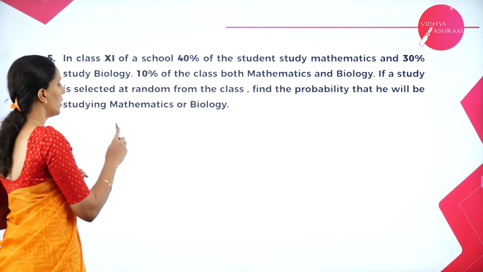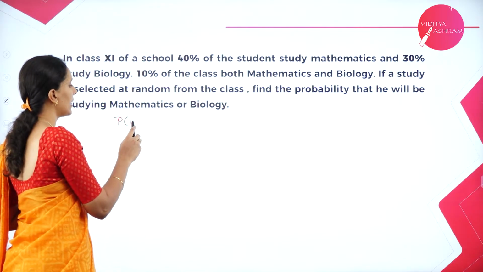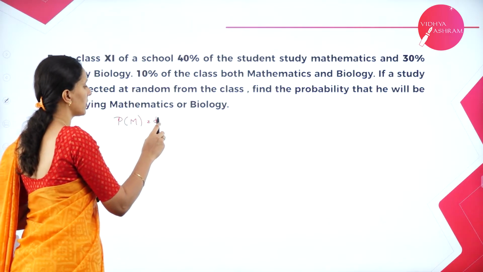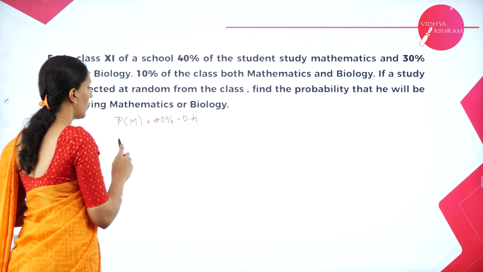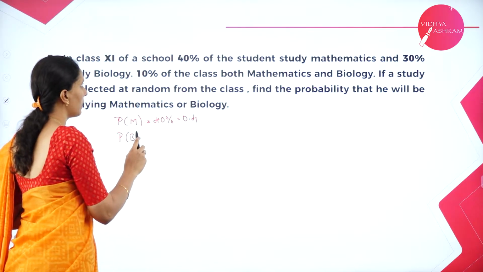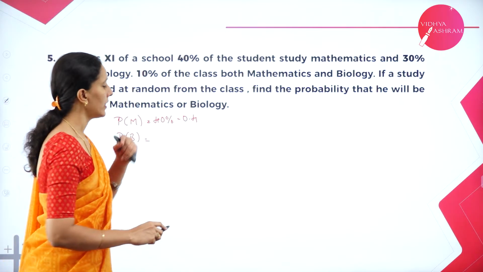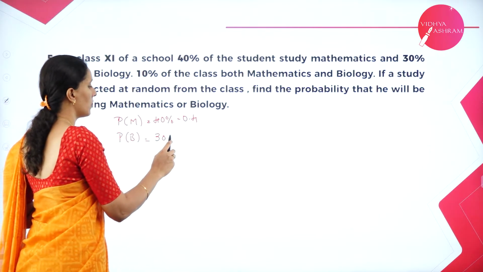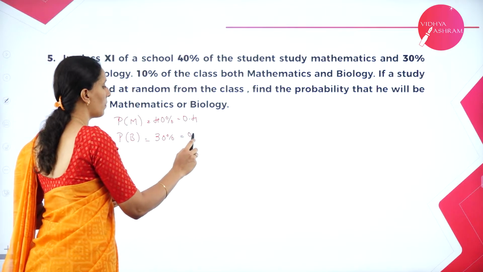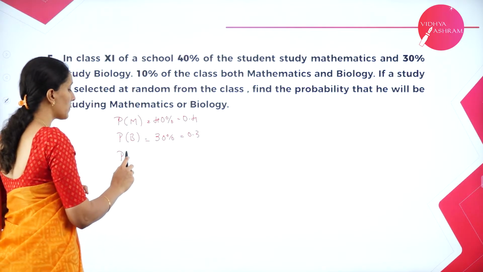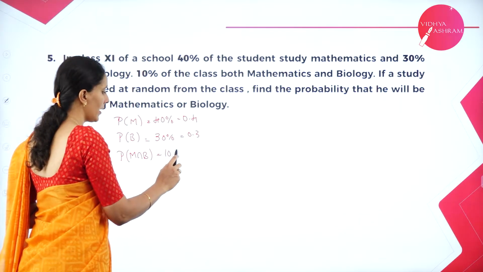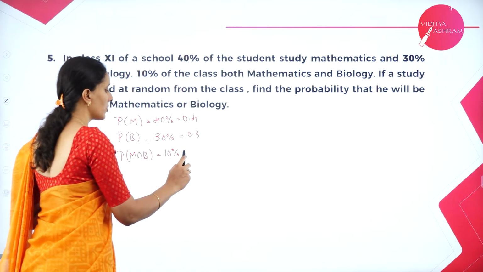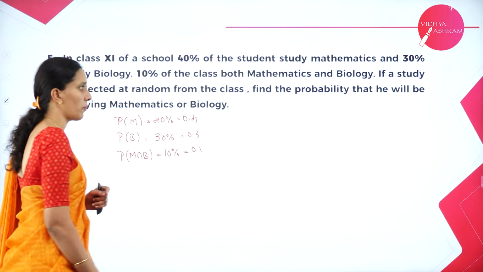So we have probability of the student studying mathematics is 40%. So I can write this as 0.4. Probability of the student studying biology is 30%. So I can write this as 0.3. Probability of studying both maths and biology is 10%, and that is nothing but intersection. So therefore the value is equal to 0.1.